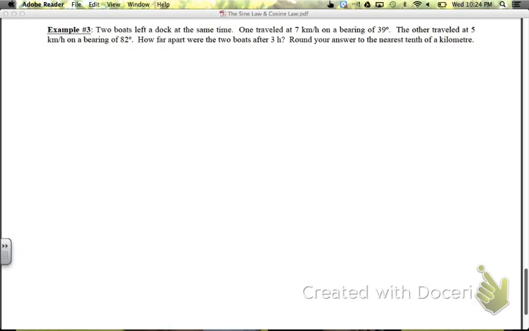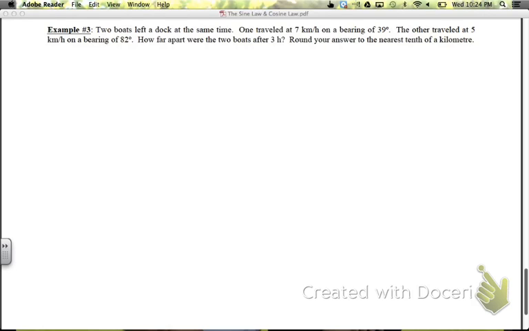Now for our last example here, we have two boats left the dock at the same time. One traveled at 7 kilometers per hour on a bearing of 39 degrees. The other traveled at 5 kilometers per hour on a bearing of 82 degrees. How far apart were the two boats after 3 hours?